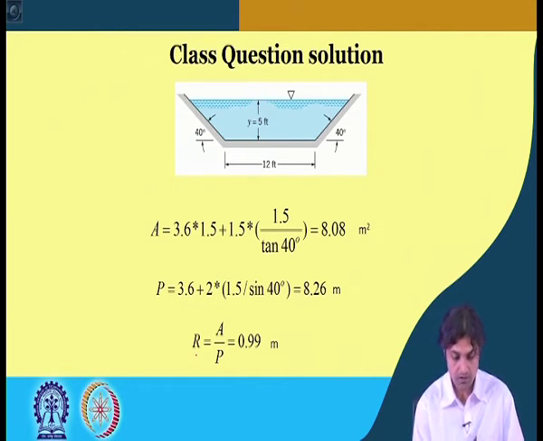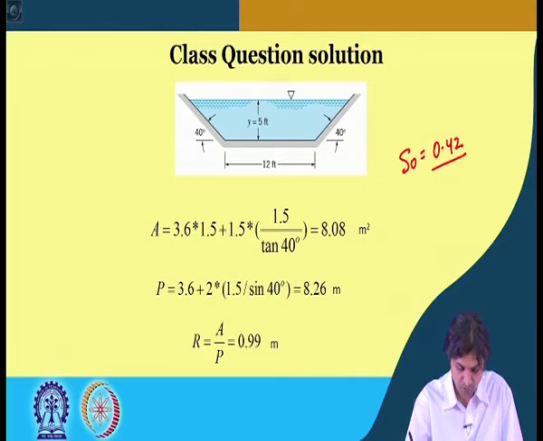We have also been told that the bottom drops 0.42 meters per 304 meters. Therefore, we have been indirectly given the slope S naught. It drops 0.42 meter in 304 meters, so S naught comes out to be 0.0014.